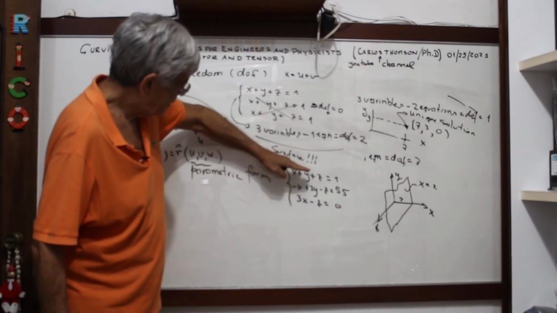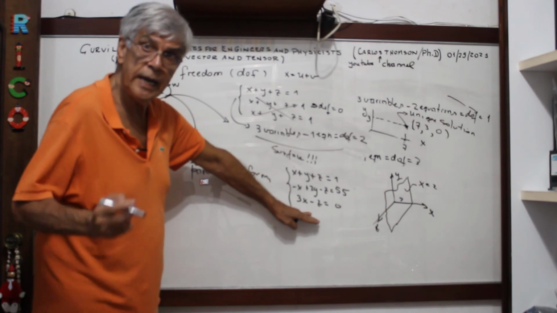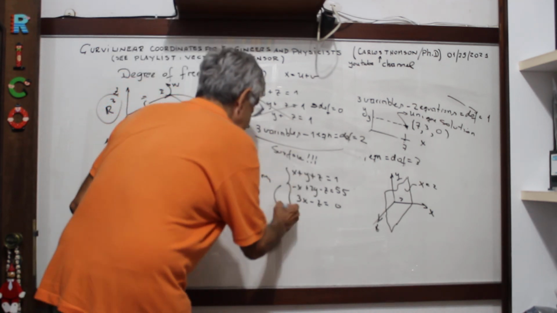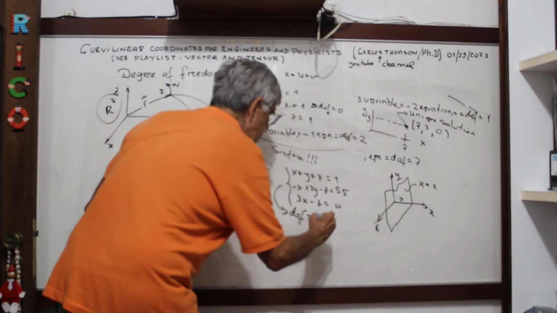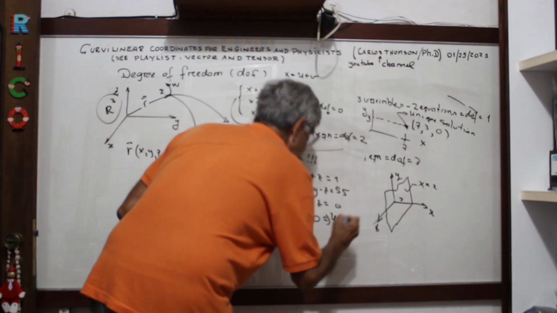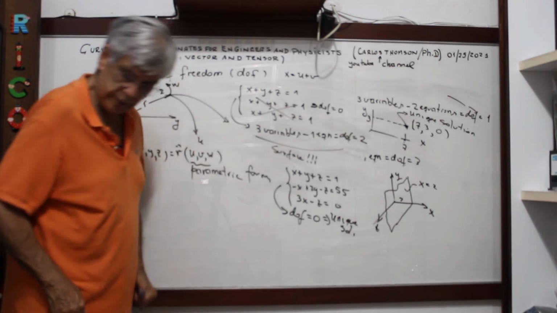I have three equations and three variables. So in this case, the degree of freedom is equal to 0, which implies a unique solution. That's very, very important.